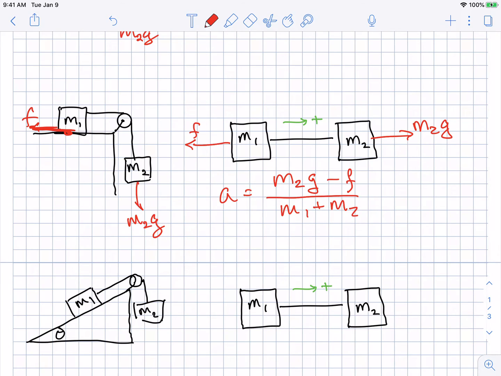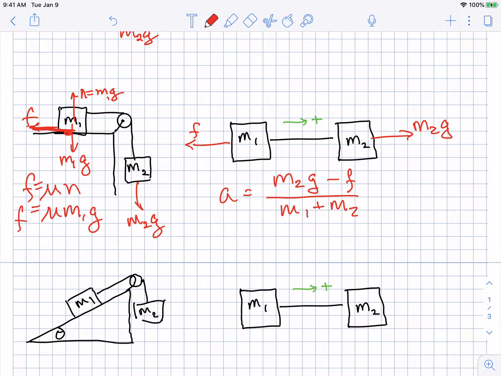Now we can further simplify this in the fact that the other forces on M1 are M1G down and the normal force up. There's no other vertical forces on this, so the normal force equals M1G. So the friction equals mu N, well, that's just mu M1G.